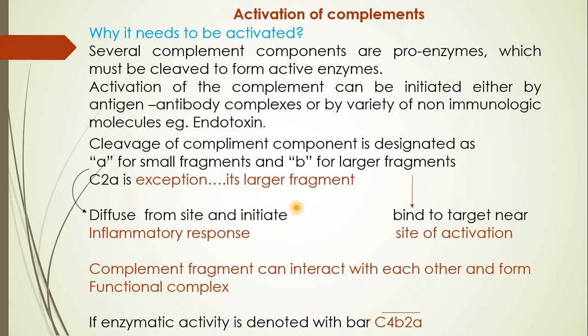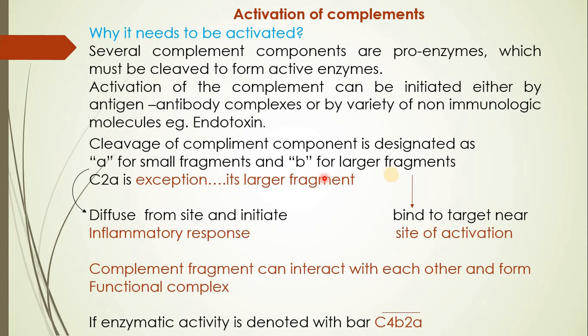The functionality of these two fragments is different from one another. For example, the small fragment a has the ability to diffuse from the site and it can bring about the initiation and development of the immune response.